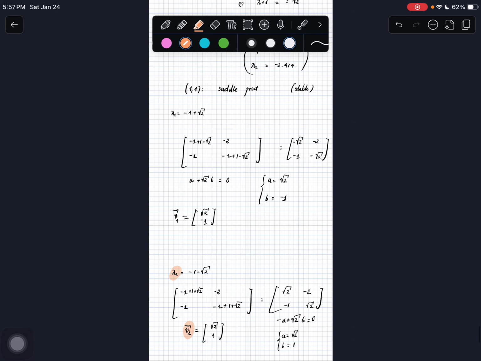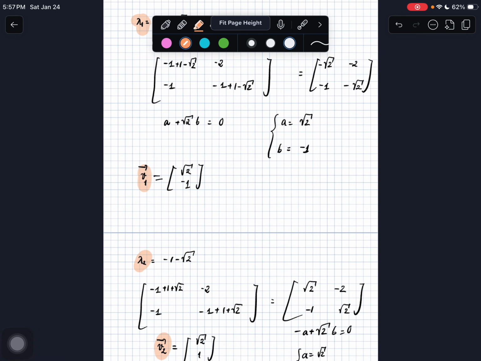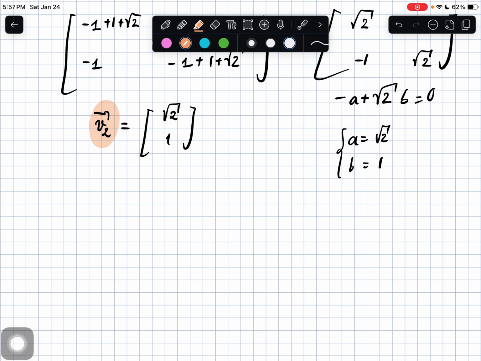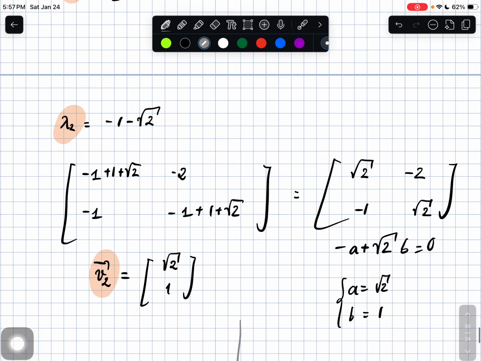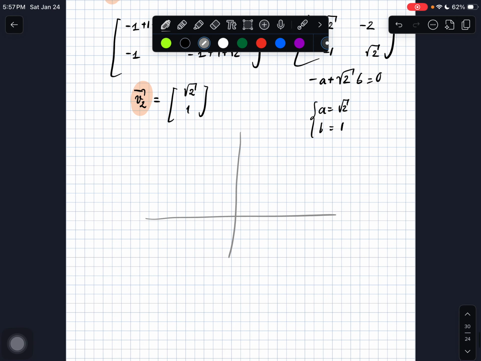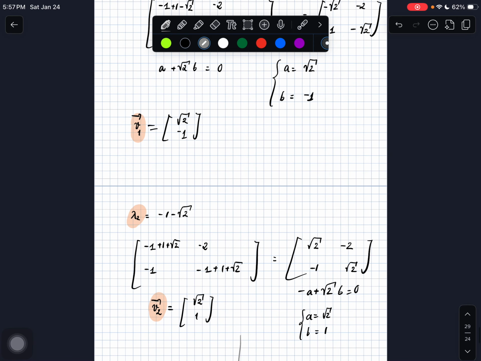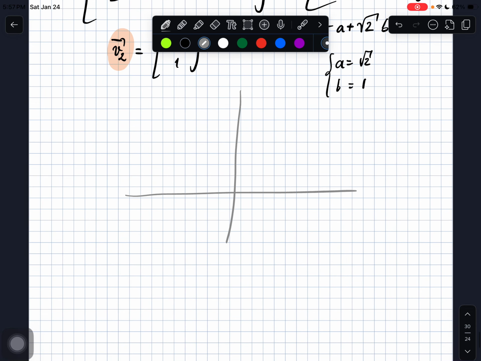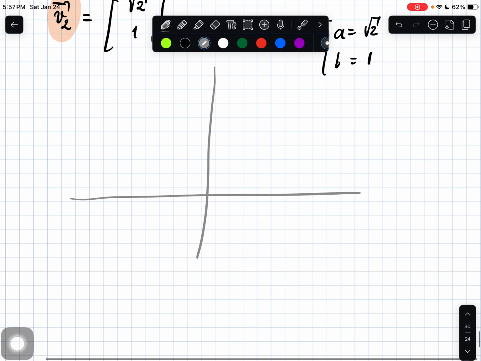So we have lambda 1 and V1 here, lambda 2, V2 here. We have a saddle point. Root 2 is 1.414, say 1.414 somewhere here.